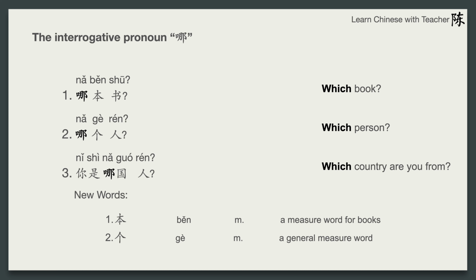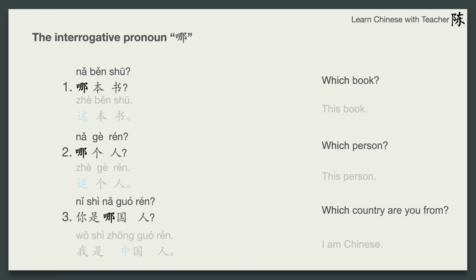The character 哪 has two meanings. The first meaning is which. The second meaning is where. In this lesson, we are learning the first meaning, which. The word order of asking a question with 哪 in Chinese is also different compared with English sentences. Let's look at the answers of these sentences.